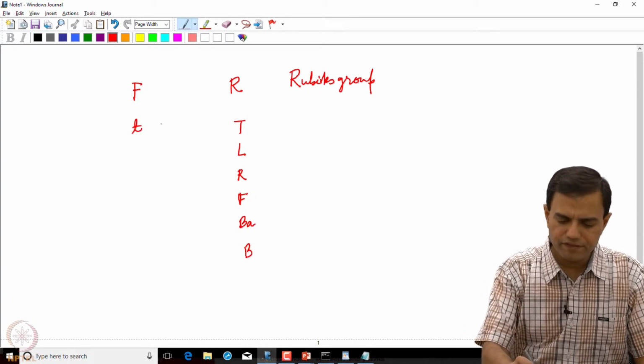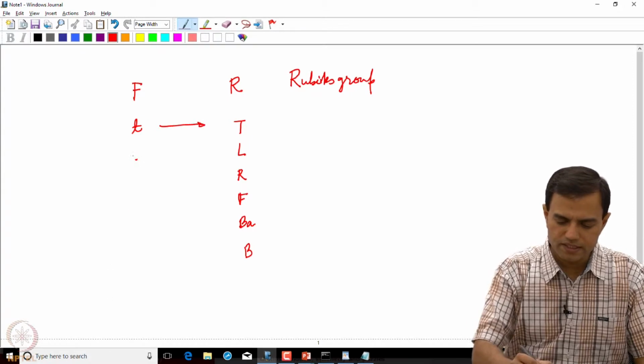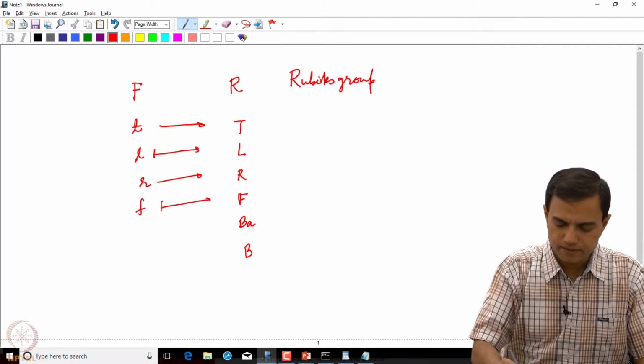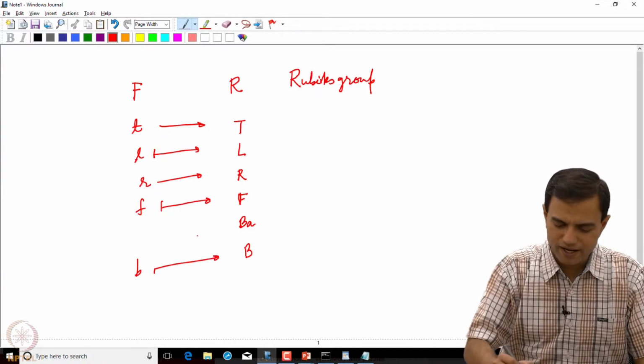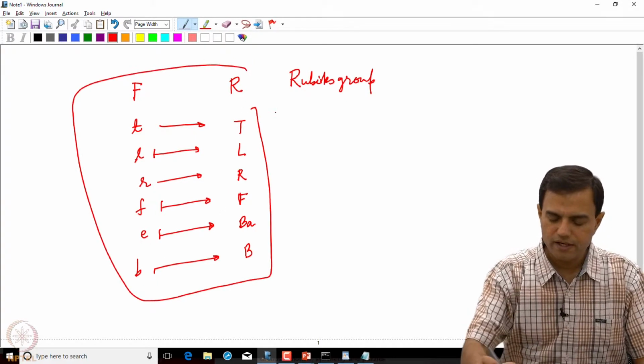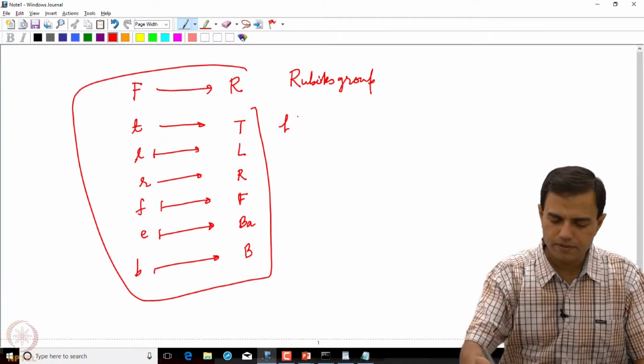And then I have defined a homomorphism from some 6 symbols. And for this there is no symbol, because for back I didn't want to use B again. Like that I have defined a homomorphism.